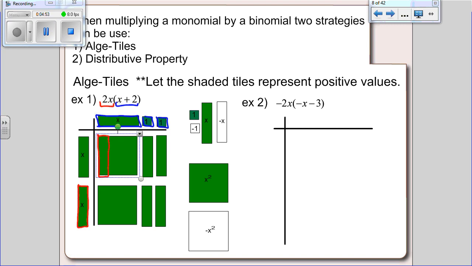It should look like this. And you see how you create a whole section. That would be a big square. And so that's why an x times an x creates an x squared. We went all the way down and all the way across. That's 1x squared.